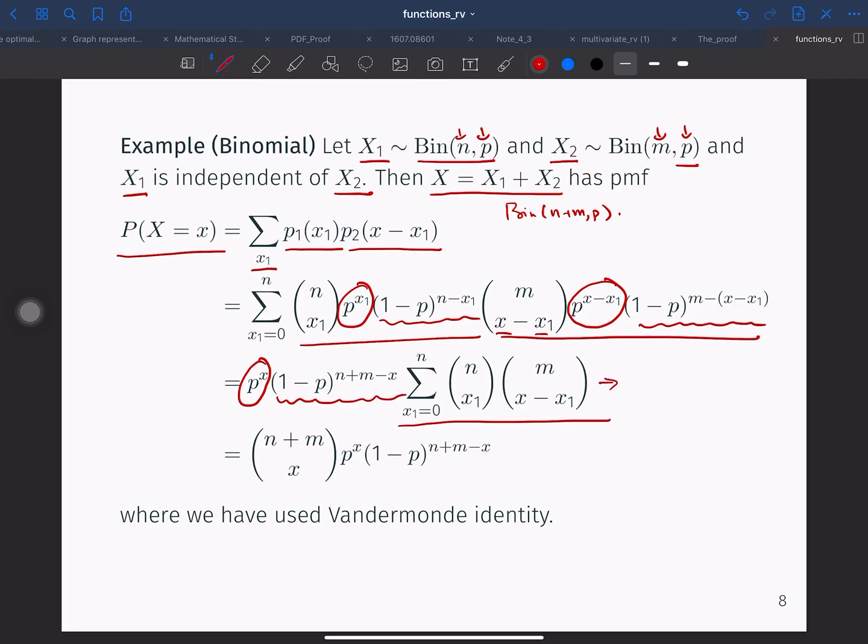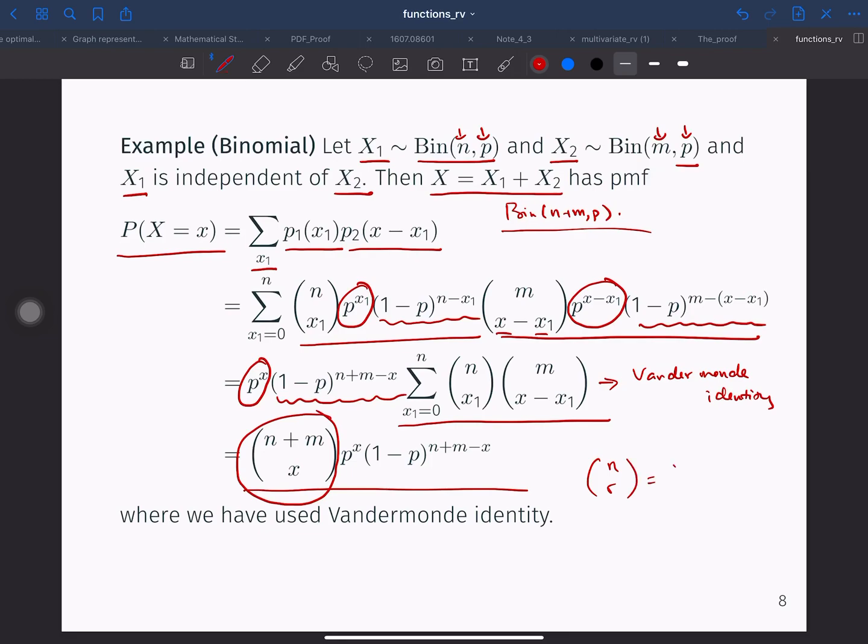And now I could invoke Vandermonde's identity in chapter 3 to show that this sum is nothing more than n plus m choose x. And so this is nothing more than the PMF of my binomial with n plus m trials and success probability p. The nice thing here is that, by the definition that I know, n choose r is 0 if r is less than 0, or if r is bigger than n.